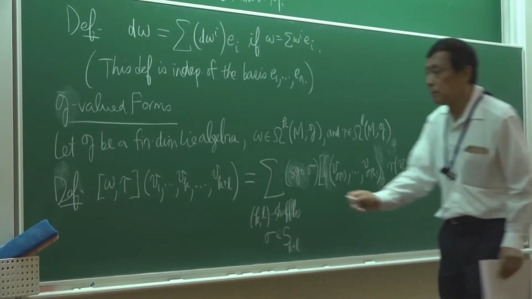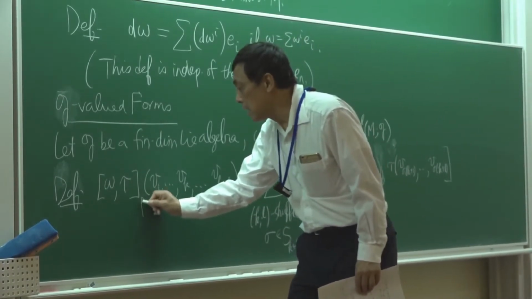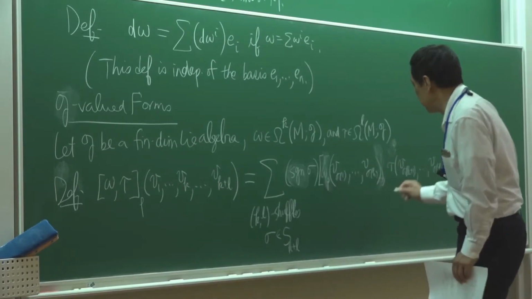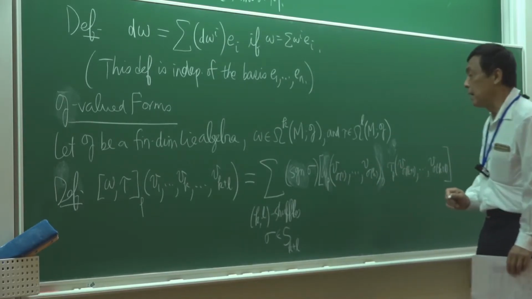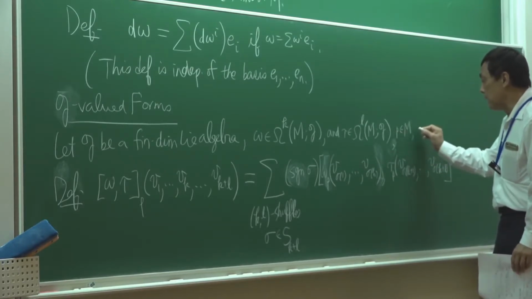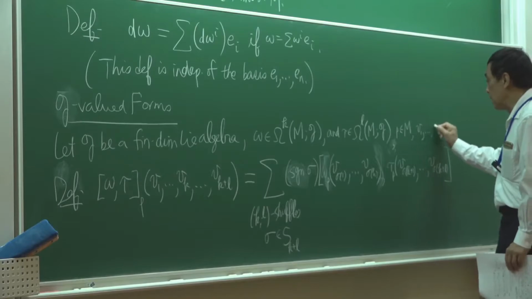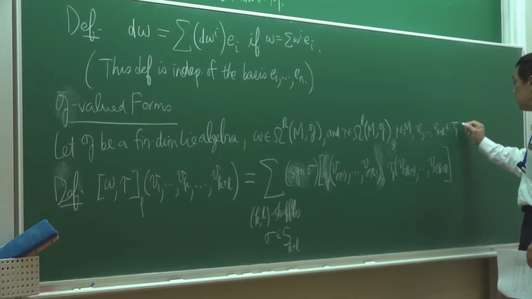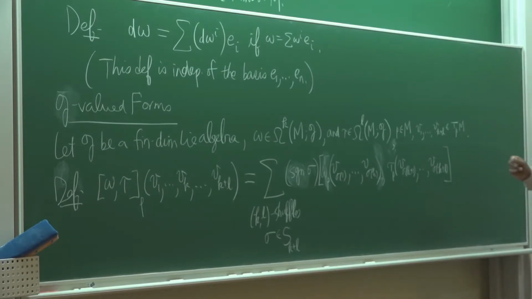This is at the point p, where p is a point in N and v1 to v_(k+l) are in the tangent space.